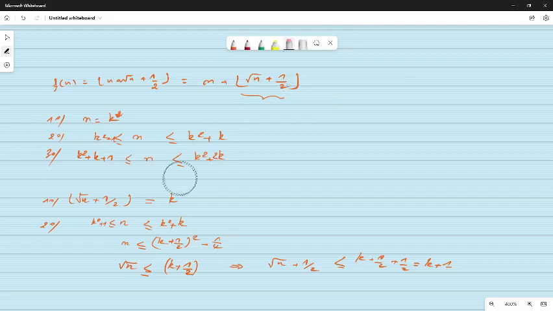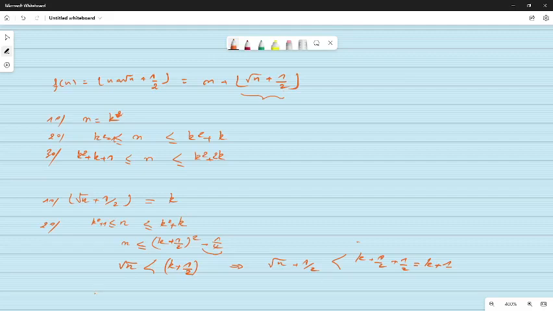This inequality is strict, and also this one, because of this term, because we have n is smaller than this quantity minus 1/4, and if we omit this quantity, then it is strictly smaller than k plus 1/2.